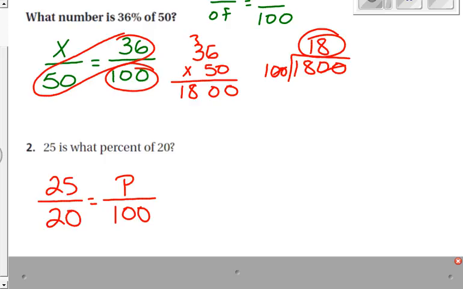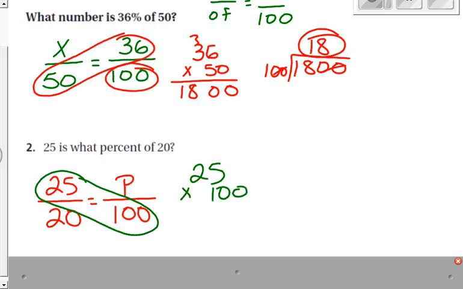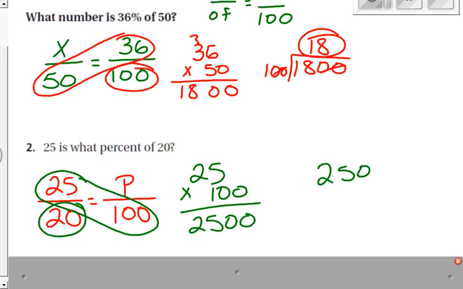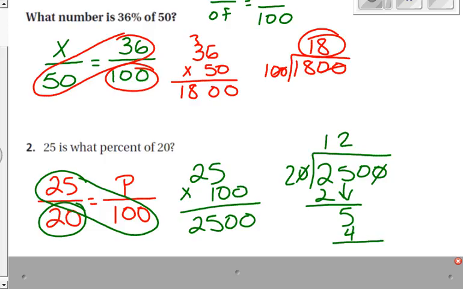So now we have 25 times 100, and we get 2500. And now we're going to divide by 20. So 2500 divided by 20. Take off my zeros. 2 goes into 2 once. Nothing left over. Bring down my 5. 2 goes into 5 twice. 4, 1. Bring down a 0. 2 goes into 10 5. And we get 125%.